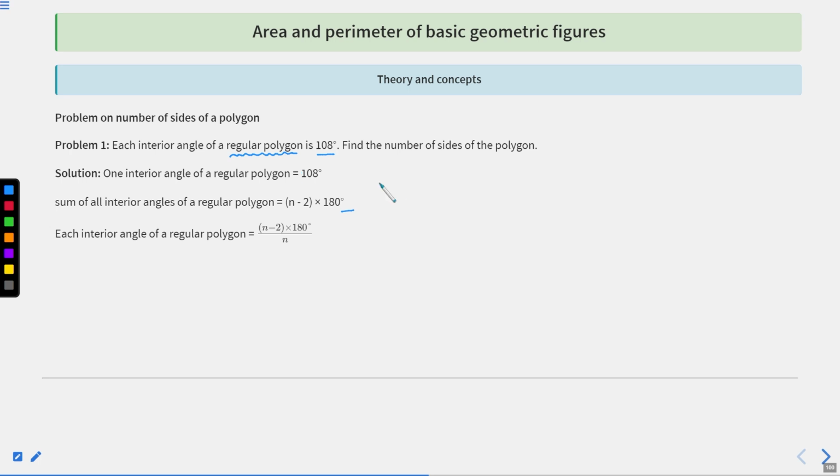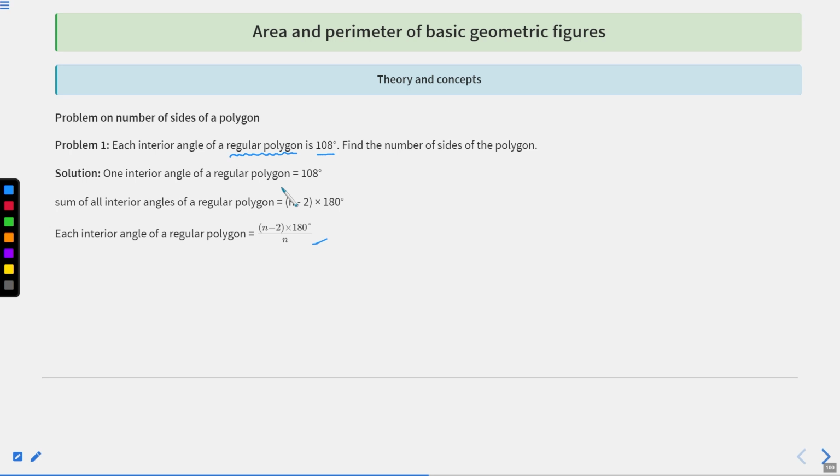Since each of its angles is equal, the sum is (n minus 2) into 180, and there are n sides, I can divide by n to get the interior angle of one. Each interior angle of the regular polygon can be obtained by dividing this sum by n, because in a regular polygon every angle is of the same measure.